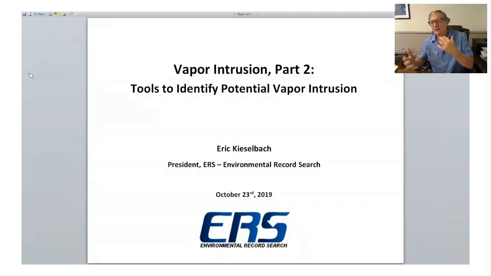So now we're going to show you how you identify it without having to get an extra vapor intrusion report, which costs you money, or a vapor intrusion modeling. Vapor intrusion report, vapor intrusion sampling, and vapor intrusion modeling are phase 2, or next step after phase 1.